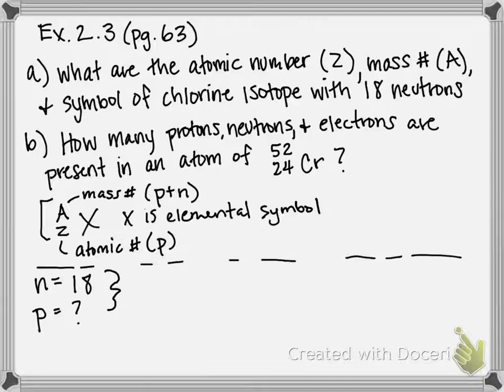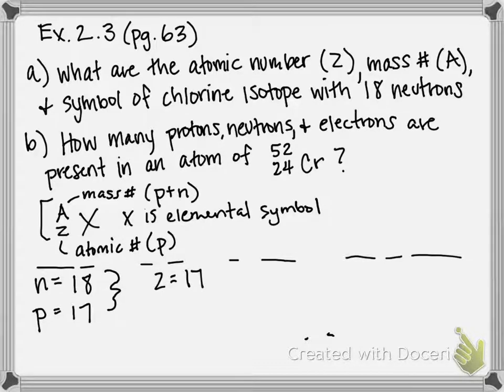Chlorine is on the far right side of the table, and it has an atomic number of 17. Since atomic number is number of protons, it has 17 protons. So our Z is 17.